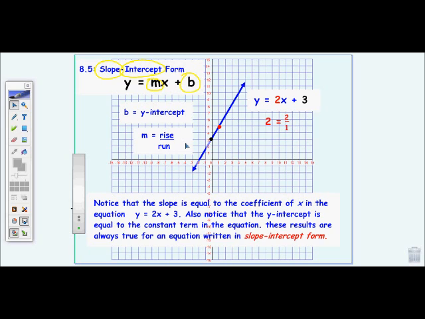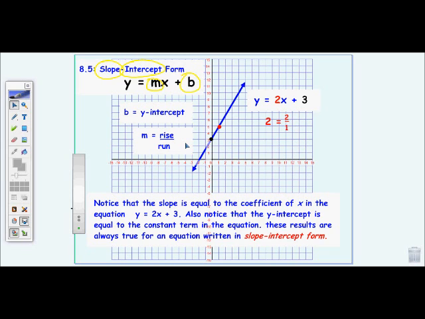I kind of gave you the whole picture first, and then we'll take it apart with each example. So slope-intercept form, y equals mx plus b. M is standing for the slope. B is standing for the y-intercept. Y-intercept is where it's going to cross the y-axis there.